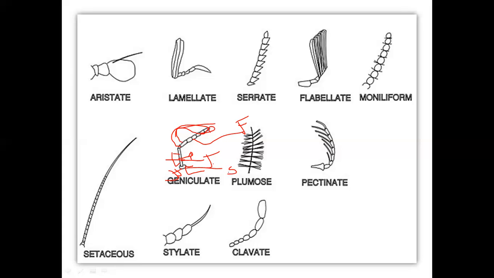The flagellum is the last antennal segment and consists of many segments, which vary in shape and size. These are the three major parts composing the antenna. Antennae come in various types.